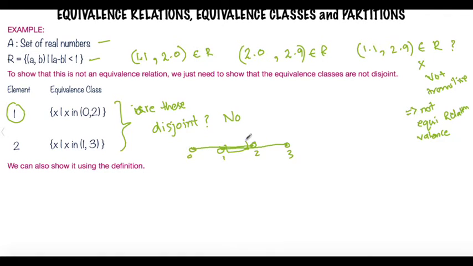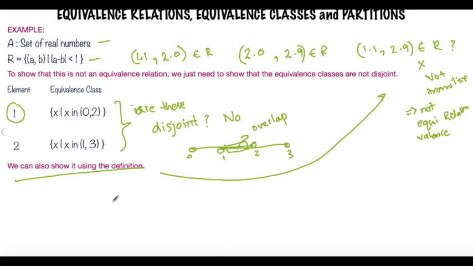So this portion is actually an overlap, which means they are not disjoint. So immediately when we see that the equivalence classes of the two elements are neither disjoint nor equal, then this is not an equivalence relation. So this is another way to check whether this is an equivalence relation or not. Or in other words, we can show it using the definition which we have already done here.